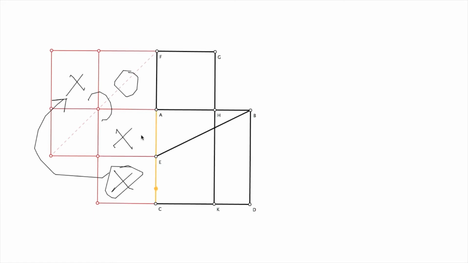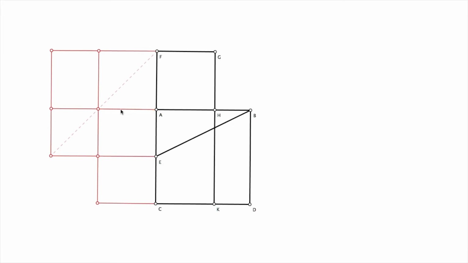I hope that you can see how that's true. So this whole rectangle is equal to these three rectangles here, or these two rectangles plus the square. And that only gives us one space remaining, which is the square on AE. So what we find is that because these three rectangles there are equal to these three, once we add the remaining square here, we've completed our square on FE.